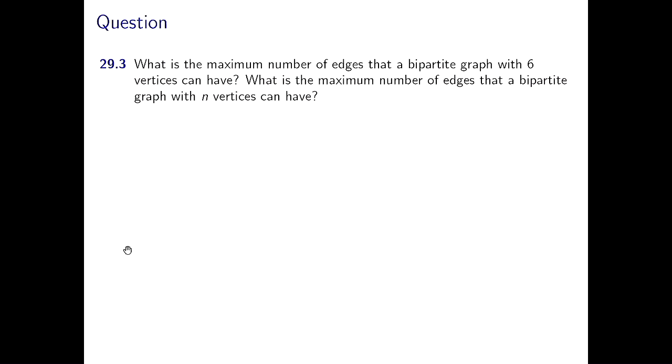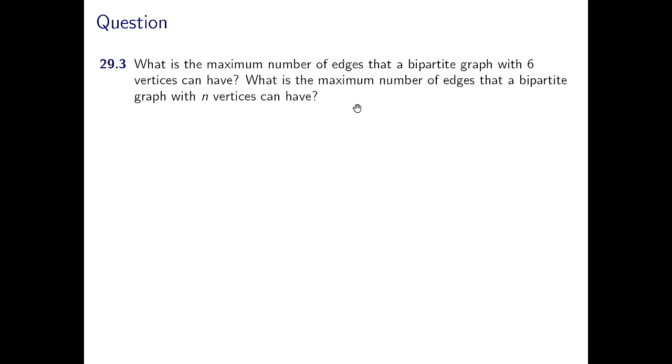Okay, so question 29.3. What's the maximum number of edges that a bipartite graph with 6 vertices can have? And in general then, what's the maximum number of edges that a bipartite graph with n vertices can have? So who's got a thought for 6?